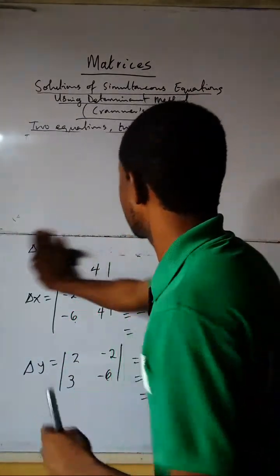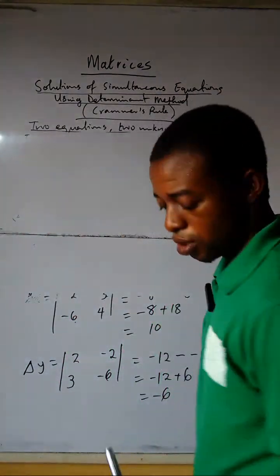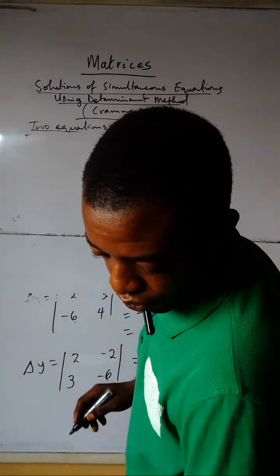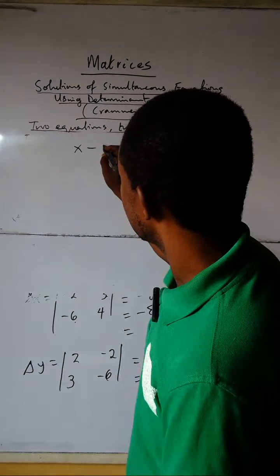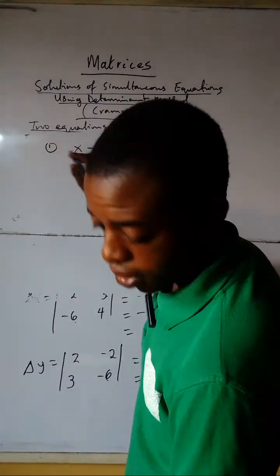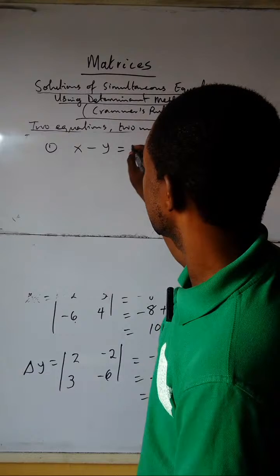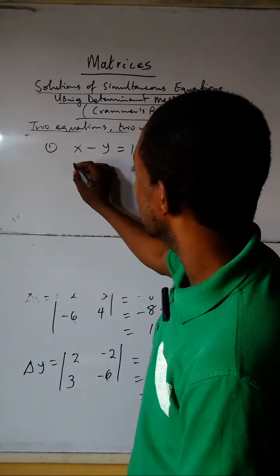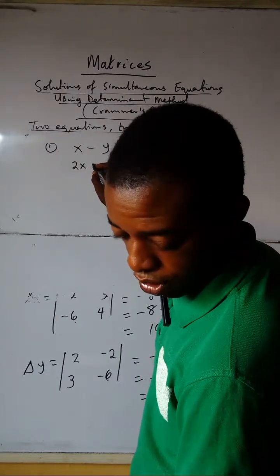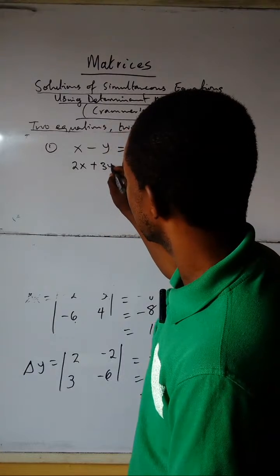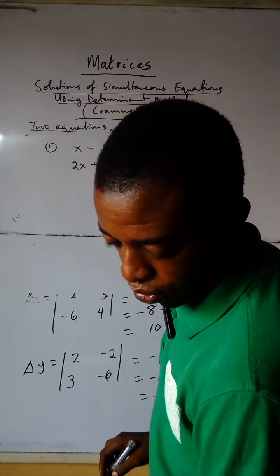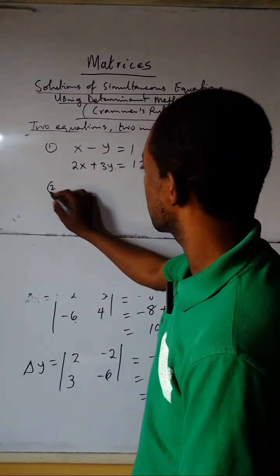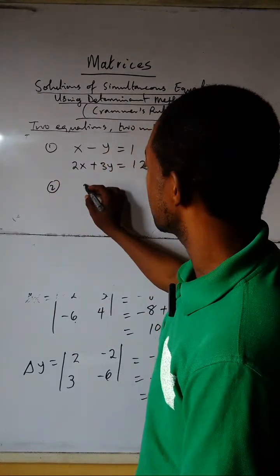So using the determinant method, we can solve the following equations simultaneously. x minus y equals 1 as the first equation, and we have 2x plus 3y equals 12 as the second equation. Then number 2, we can solve this as well.